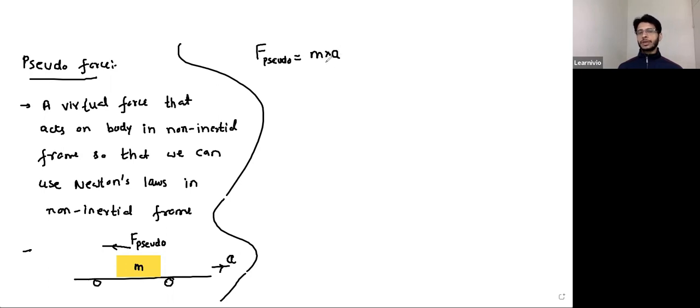This is the pseudo force acting on the body. So the formula for pseudo force is mass of body multiplied by acceleration of frame, not acceleration of body. We'll take the acceleration of the frame, which is moving in the right hand side direction.